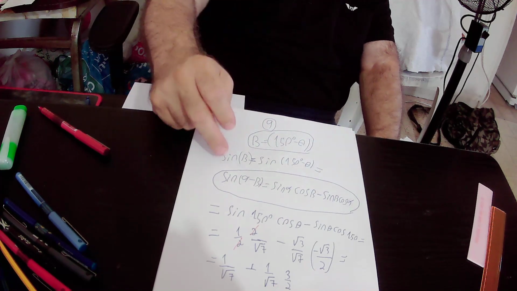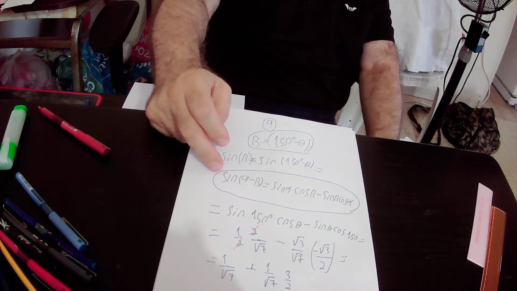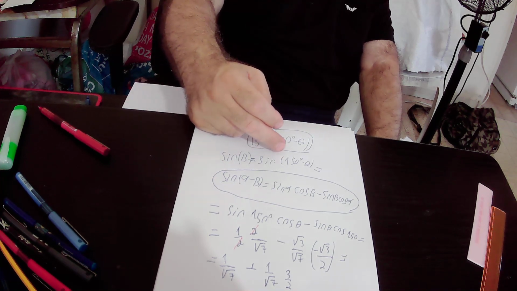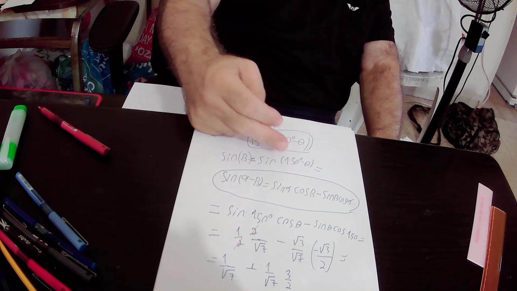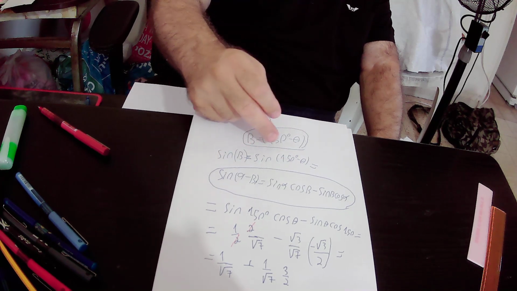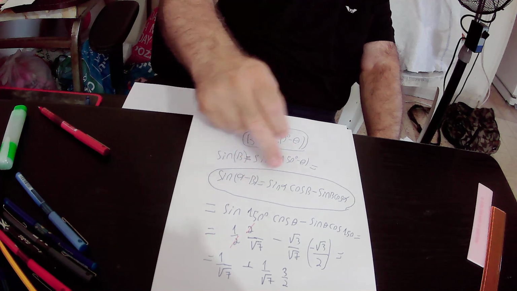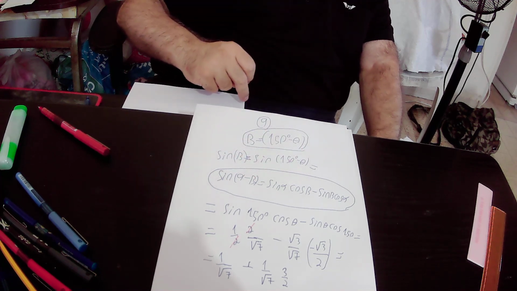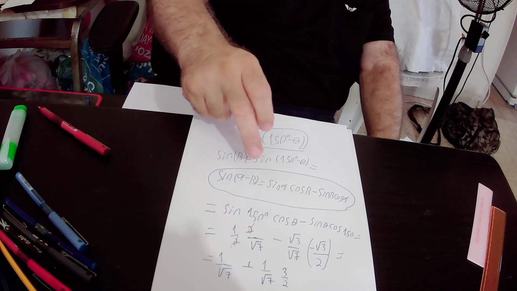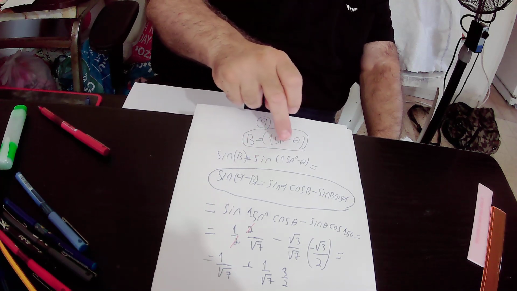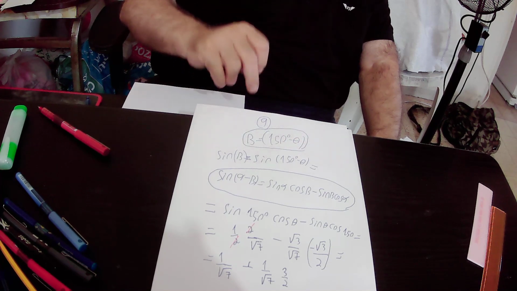So we can use this equality in order to find out the value of sinus 150 degrees minus theta when alpha equals to 150 degrees and beta equals to theta.